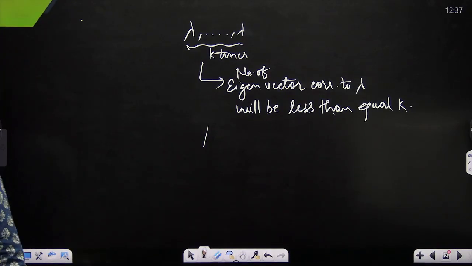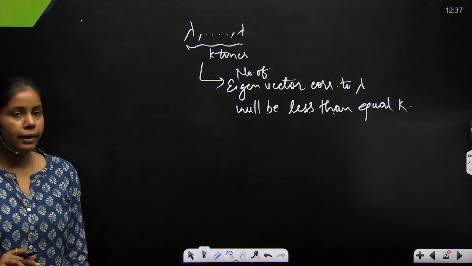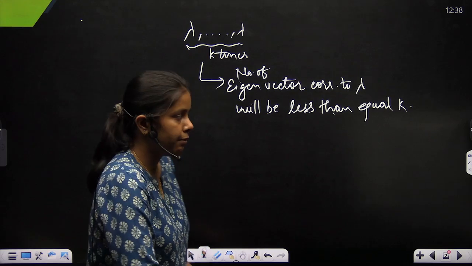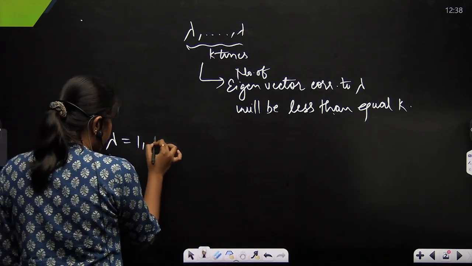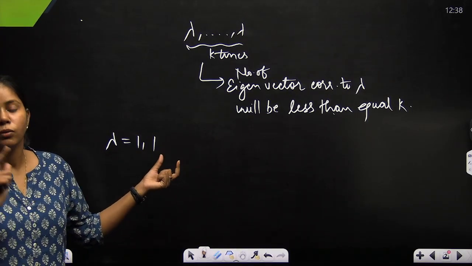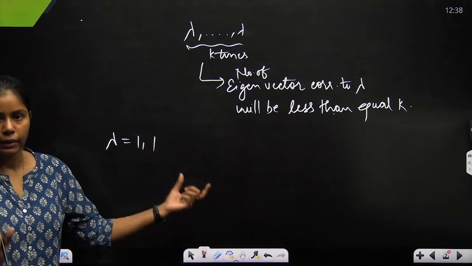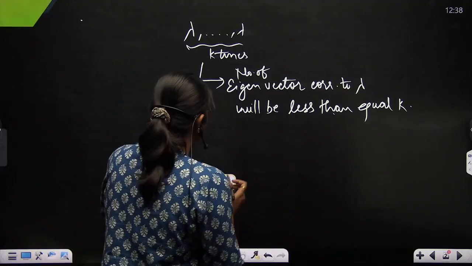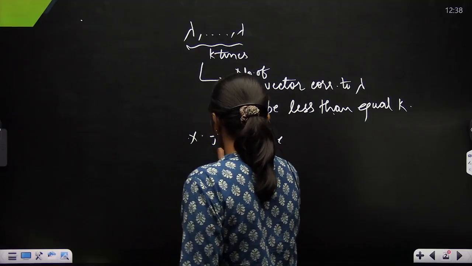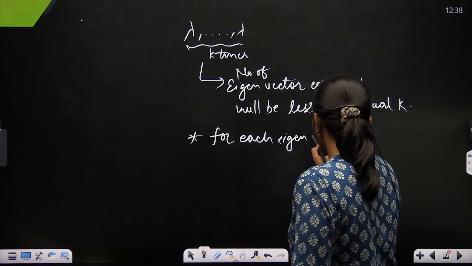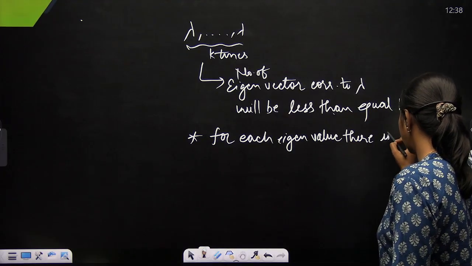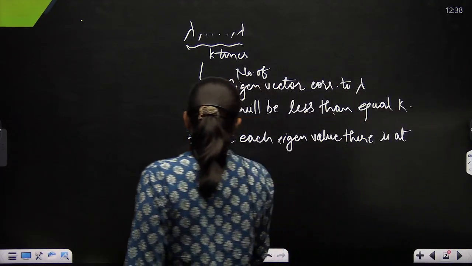We have seen that in the last video. So I can have any number of vectors possible. If lambda equals 1, comma 1, is repeating 2 times, either I can have one eigenvector or two eigenvectors, not more than that. And for each eigenvalue there is at least one eigenvector.